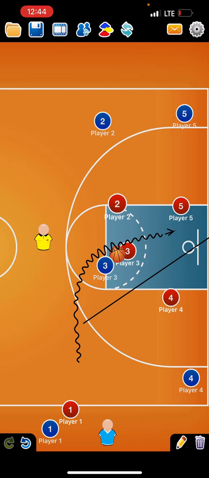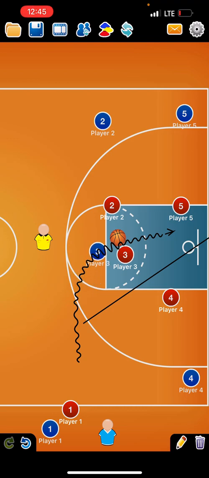So now here we know that this player may need to, on this speed drive, maybe they got side position. Anytime that side position occurs, our help has to be anticipating that and be able to jump that lane and take away that lane, that on-ball position. So again, let me repeat that.